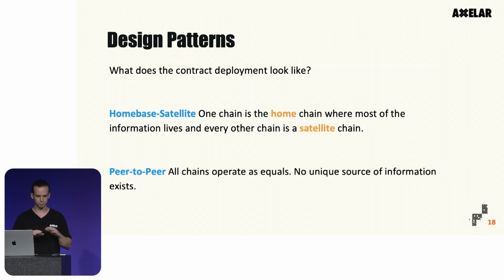And then we have the peer-to-peer or flat model where all the contracts are basically symmetrical and they know how to send and receive messages. And rather than coordinating state, they're coordinating more complex multi-transaction operations and just hiding that from the user.